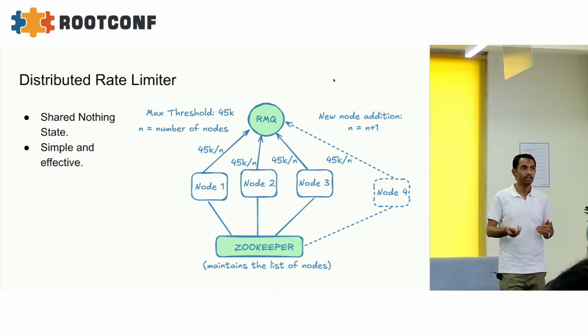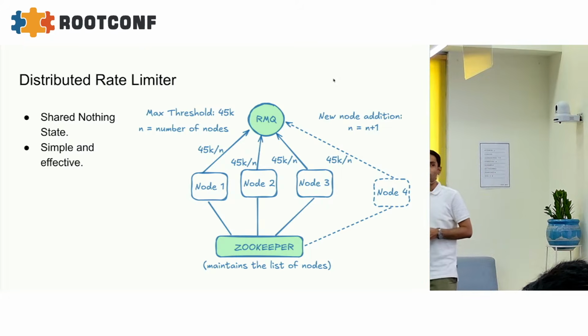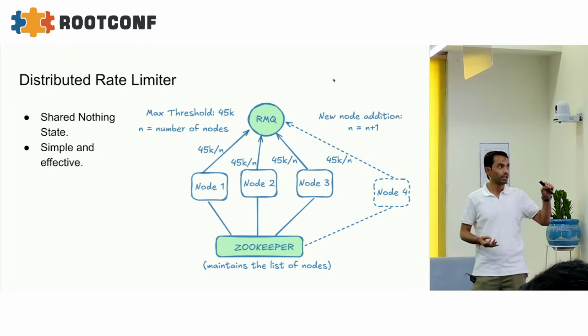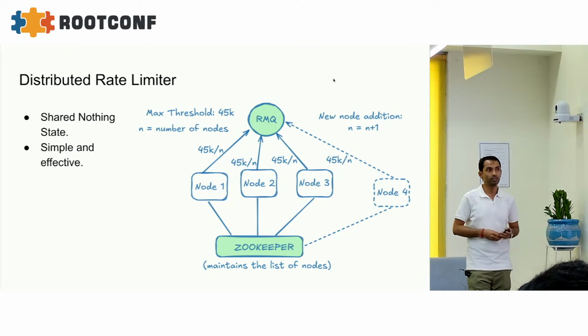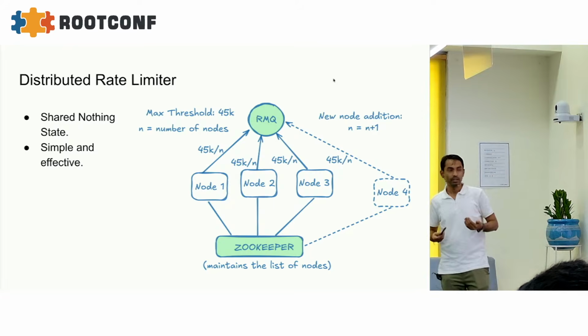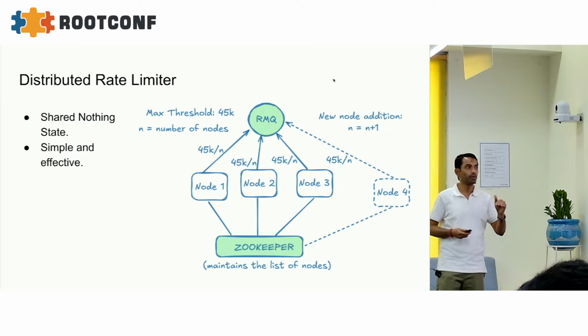Assuming a uniform distribution of ingestion per node, we can uniformly divide our ingestion, let's say 45K, keeping a safe number, by the number of nodes, and we get a safe limit per node.